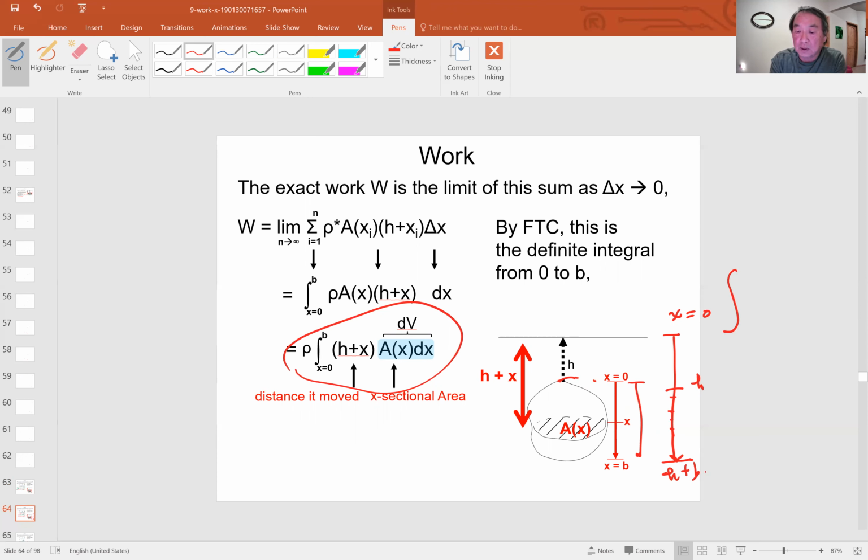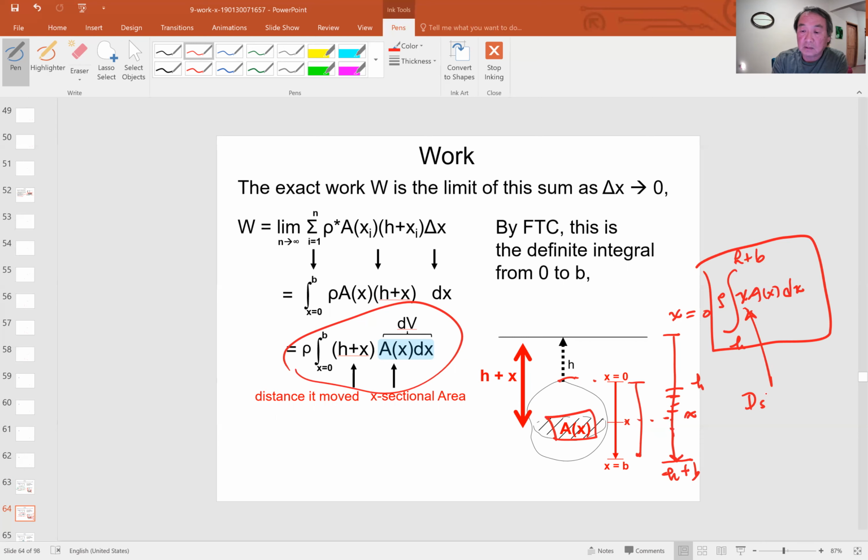Then the integral will be from h to h plus b. And x will only appear somewhere in here, where it has some area formula, A of x, times dx, which is the dV times the rho. And then finally multiply this by x, that's the distance they travel.